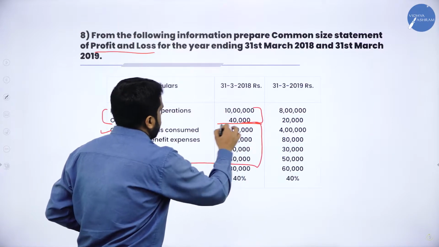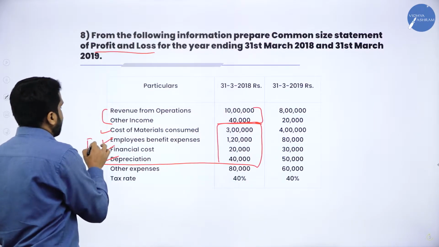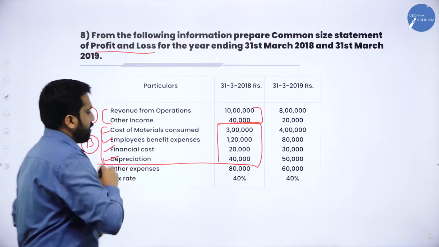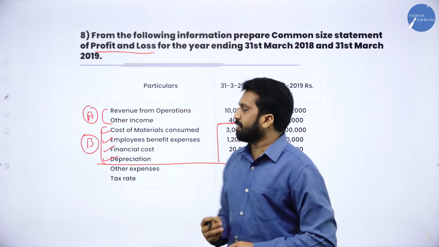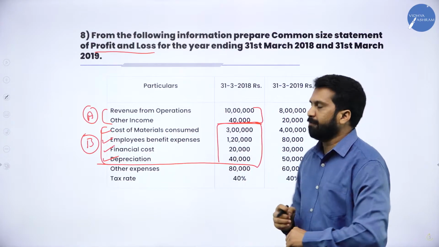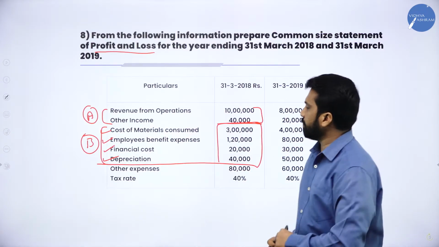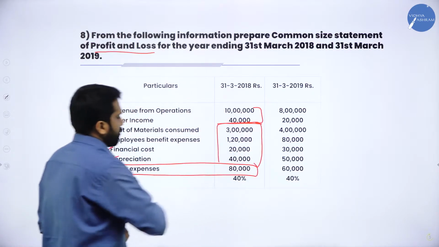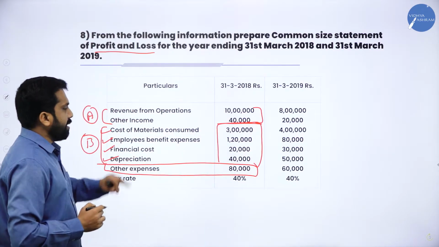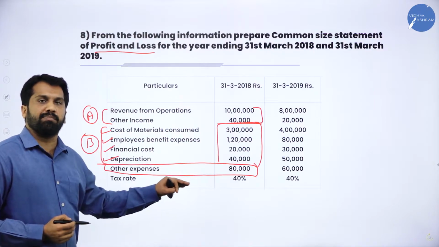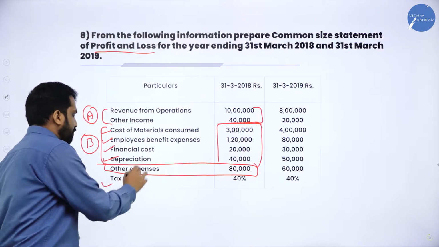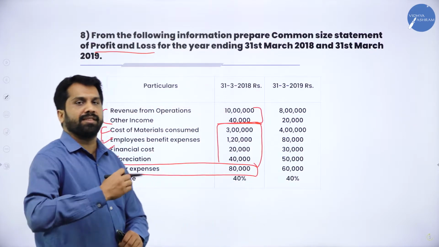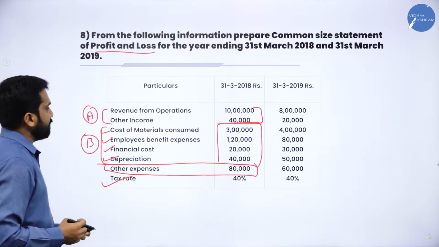Up to this we call part B. These all we call expenses. We should add all the expenses, including other expenses also. Now, after adding everything, A minus B, from that you have to minus taxation. Very easy. We'll go for the solution.